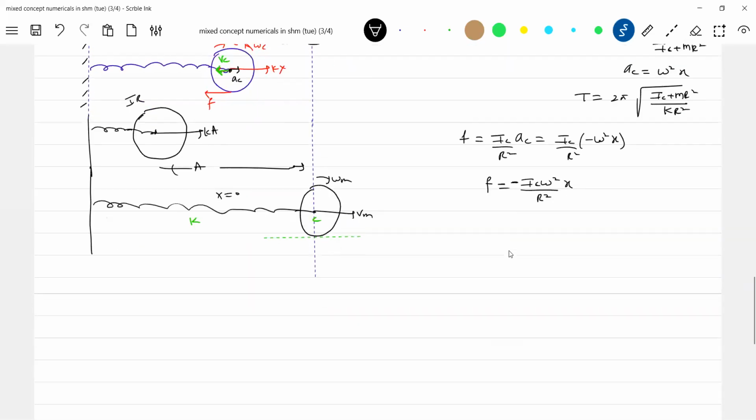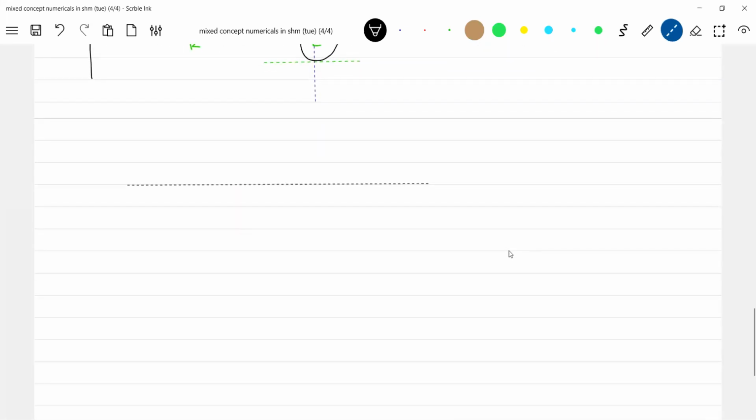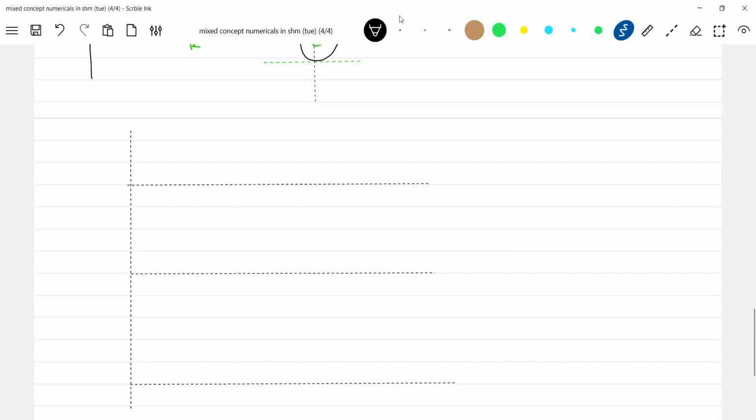Now we'll plot different types of graphs and see what information we get. Now x equal to A cos omega t.